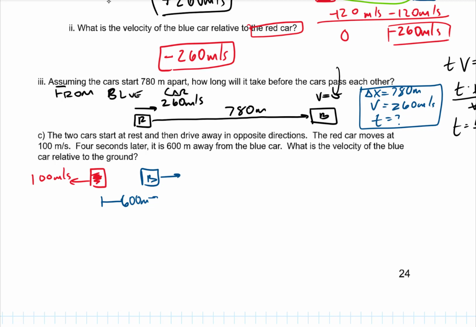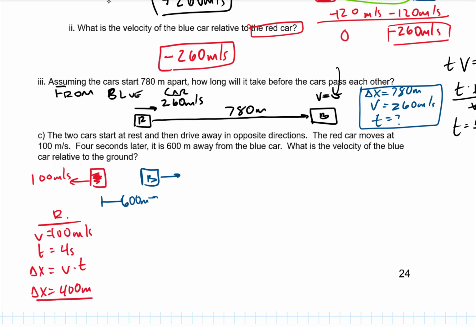Now, what we can do is look at what we really know about the red car. The red car has a velocity of 100 meters per second, and it's moving for a time of 4 seconds. So its displacement is going to be, according to this, velocity times time. So the red car is going to go 400 meters.